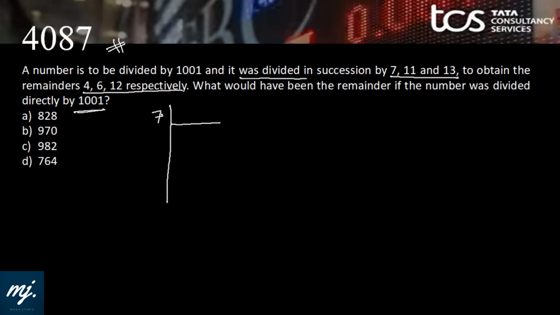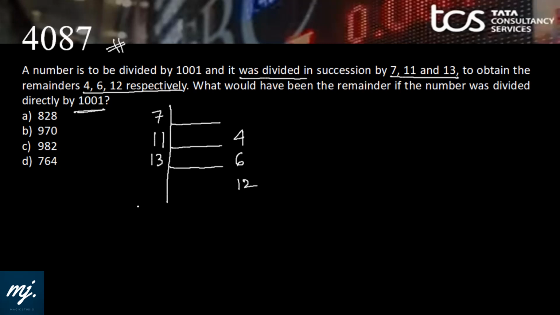This is the actual number which when divided by 7 leaves something as the quotient and 4 as the remainder. Now when this quotient is divided by 11, we get some quotient and 6 as the remainder. Now this quotient when divided by 13, we get some quotient with the remainder 12.